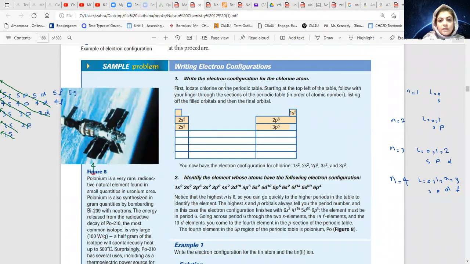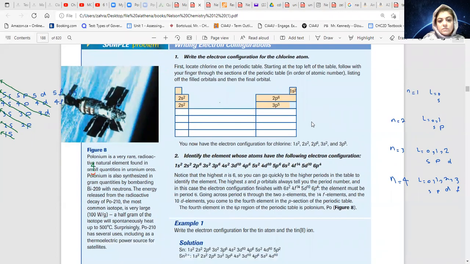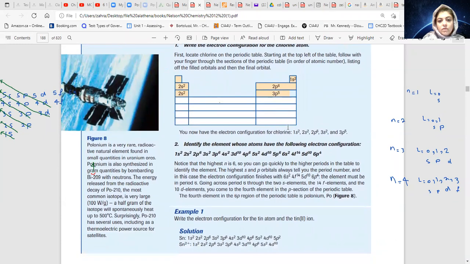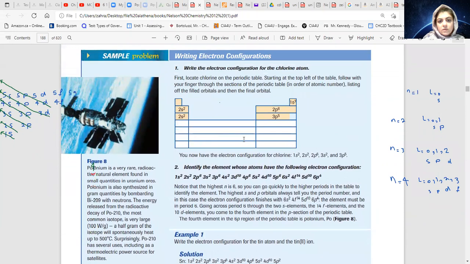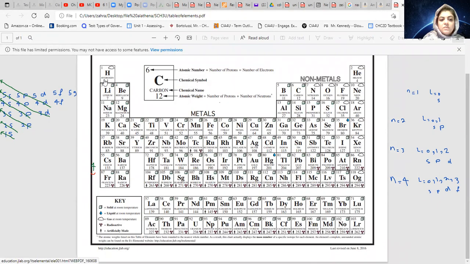So write the electron configuration for the chlorine atom. For the chlorine atom, you know how to do that. So I'm just going to show you practically. So for all of the elements here, for example, hydrogen, if you do it, it's going to be 1s1.